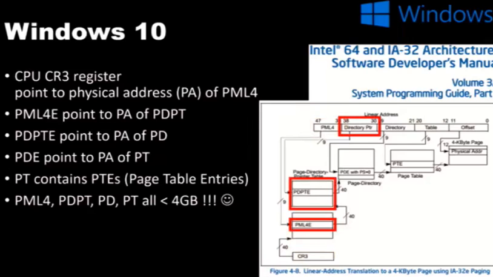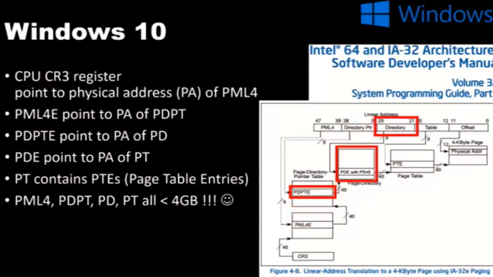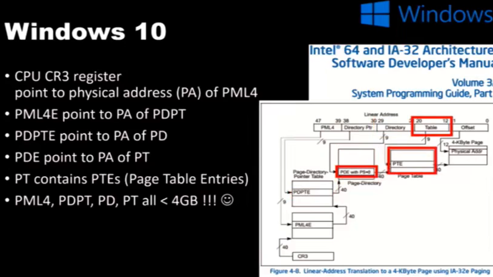In the PML4 entry, you have the physical address of the page directory pointer table. You take some more bits from the virtual address to point out the entry in that table, which contains the physical address of the page directory. Take some more bits from the virtual address, which point to the entry in that table, which is the physical base address of the page table itself.